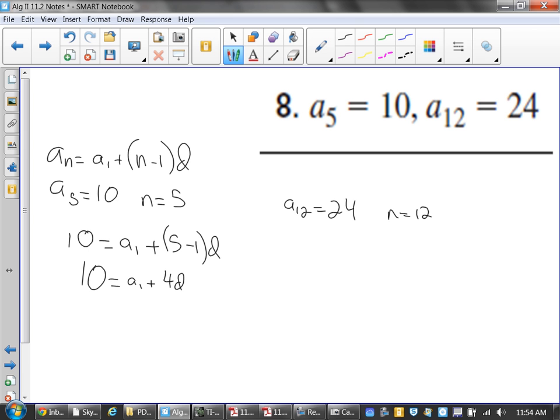You got that for the first one? Okay. On the other side, just substitute again, you got 24 is your first term, plus 12 minus 1 times your d. So you've got 11.